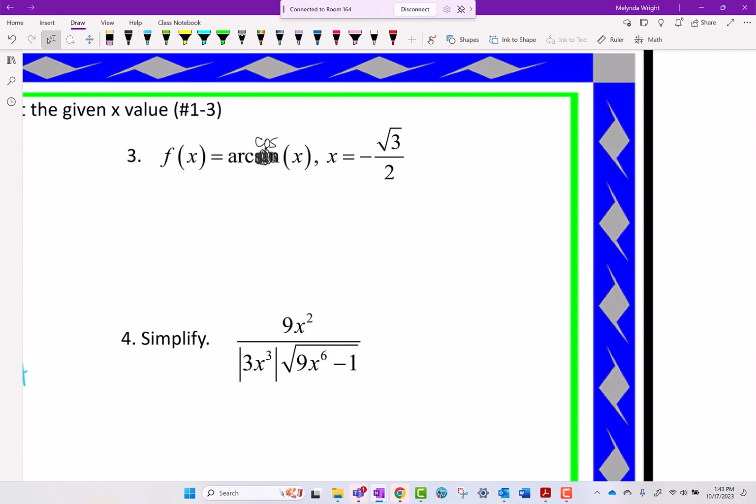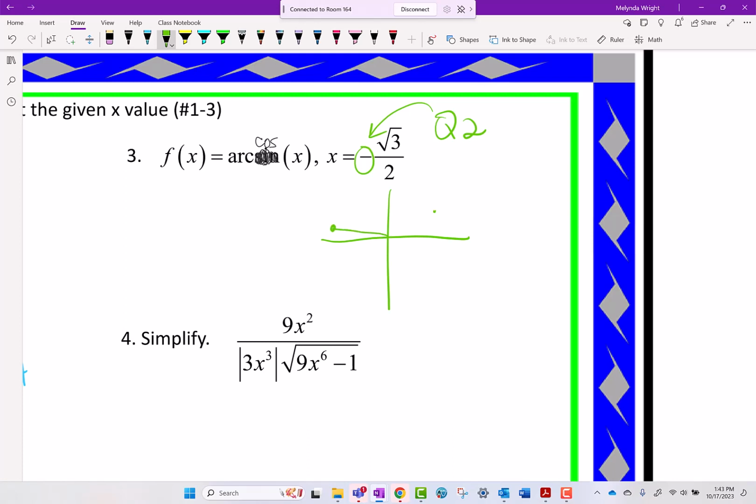Arc cosine. Okay, so which quadrant is arc cosine negative in? 2. So we need to be in quadrant 2. Okay, so let's draw this quadrant 2. Let's see, root 3 over 2 is longer along the x, so that's this angle measure.